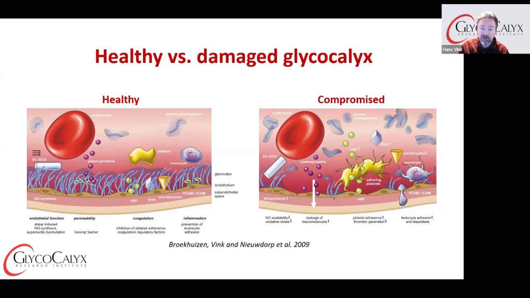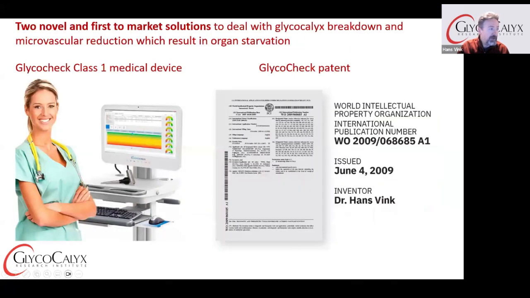So realizing all these consequences, at some point it became time to move on to the Glycocheck biomedical device to start measuring in humans. So as you know, you've seen it, there's a little handheld microscope camera and the Glycocheck software. There's a method based on measuring the access of red cells into glycocalyx, how close red cells can go to the endothelium as a measure for glycocalyx damage.